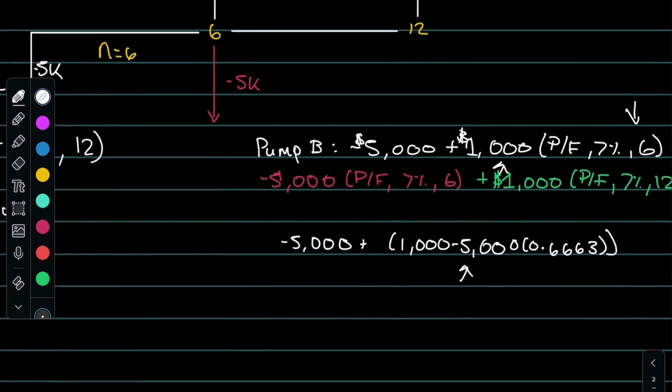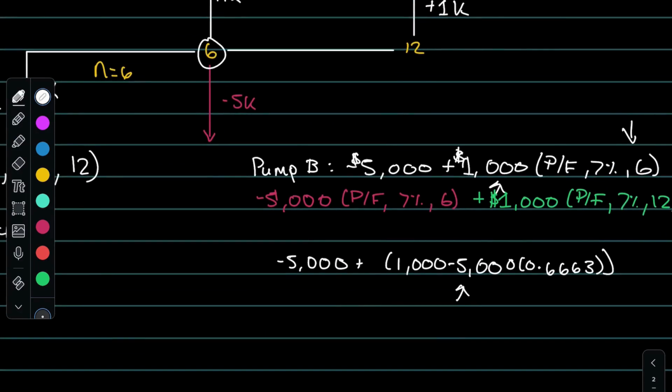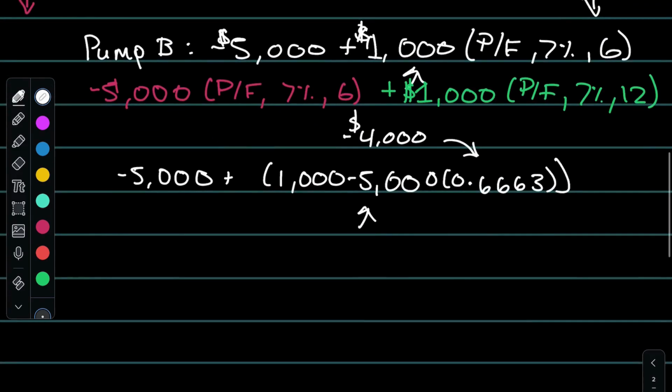And so what I did here is I just looked at these two numbers combined, and so instead of doing 1,000 and 5,000, we can just combine these two numbers as being negative $4,000 at that specific time. So it's just a reduction, an easier way to write it.